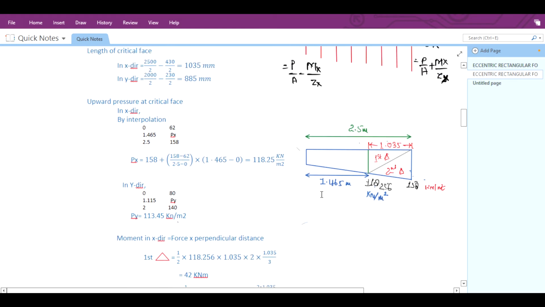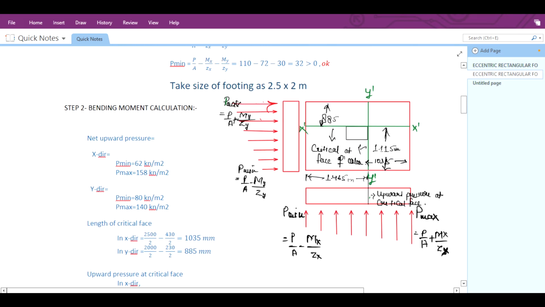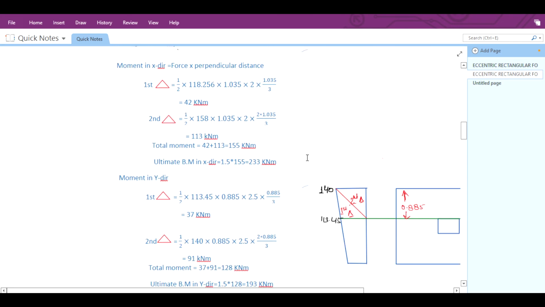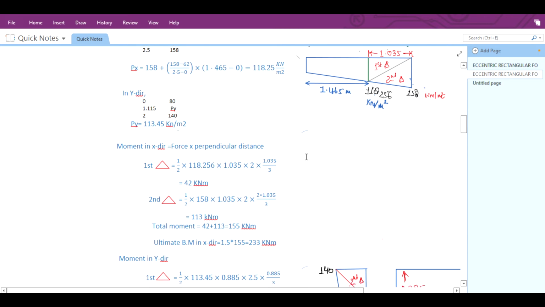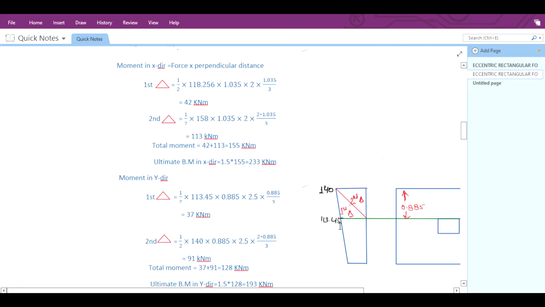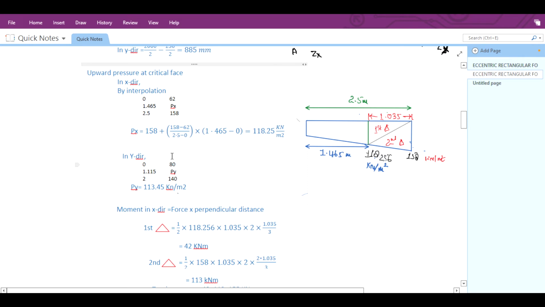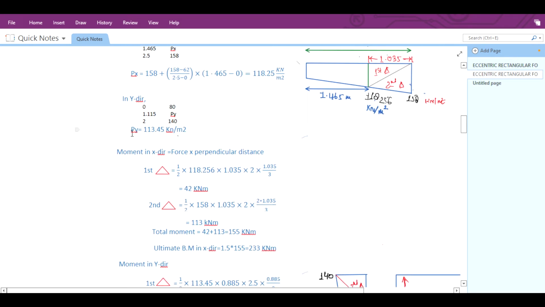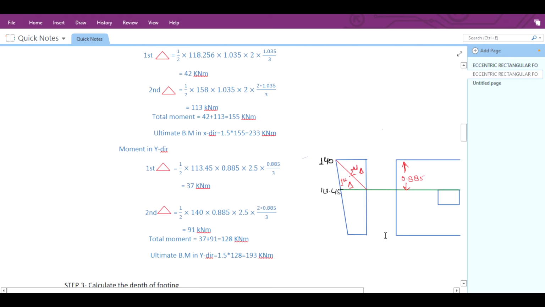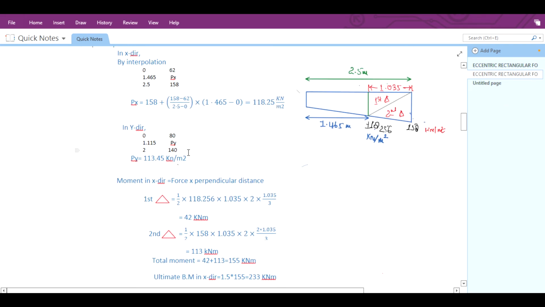Similarly, for the y direction we have to calculate the net upward pressure. So your maximum net upward pressure at the critical phase will become here, and in a similar way you have to do it: at the starting, 0, it is 80, and at 2 it is 140.